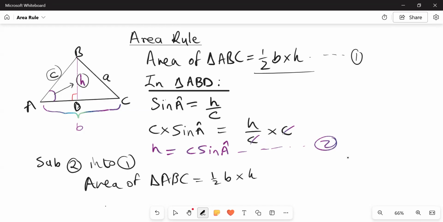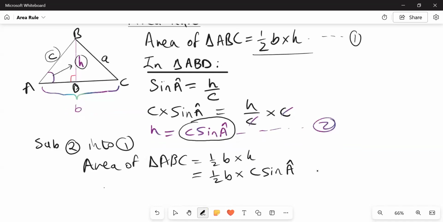But now our height h equals c sine A. So we can say 1 over 2 times b times our c sine A. So now we've derived the formula for the area.